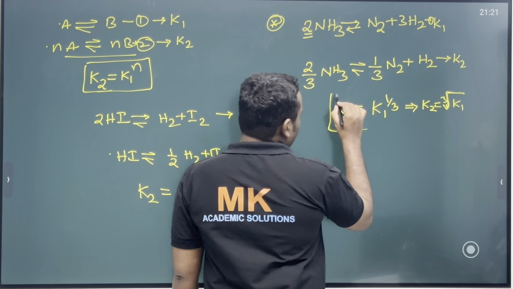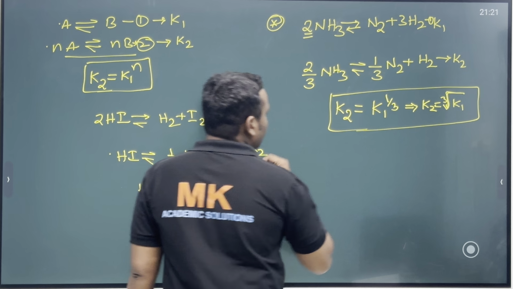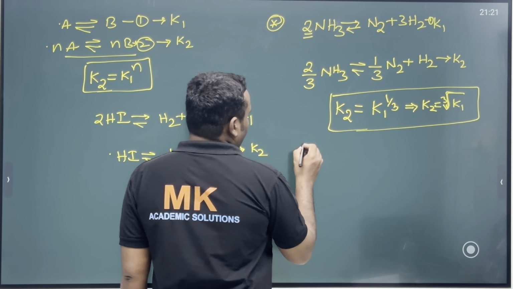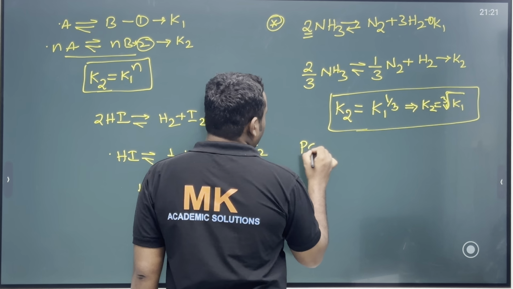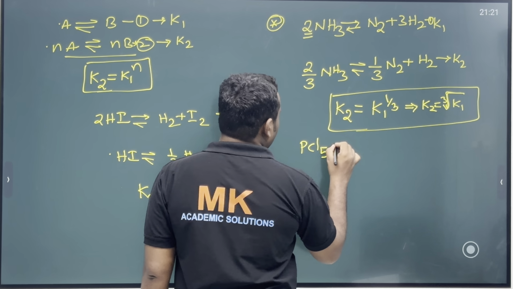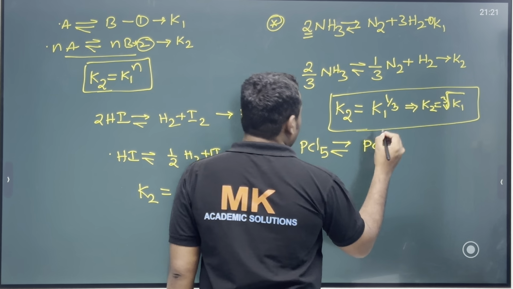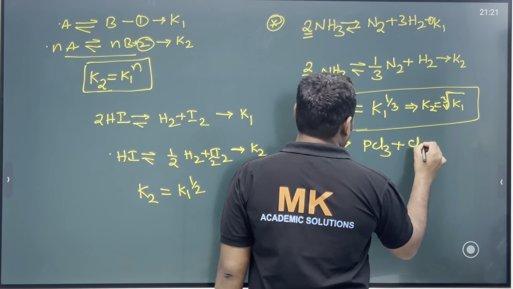Now I will give an example. You need to write the relation between the two. So I am going to take PCl5 gives rise to PCl3 plus Cl2.